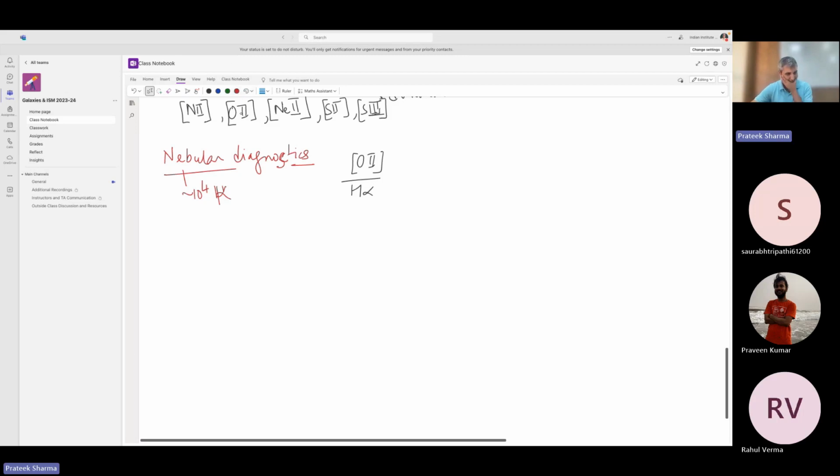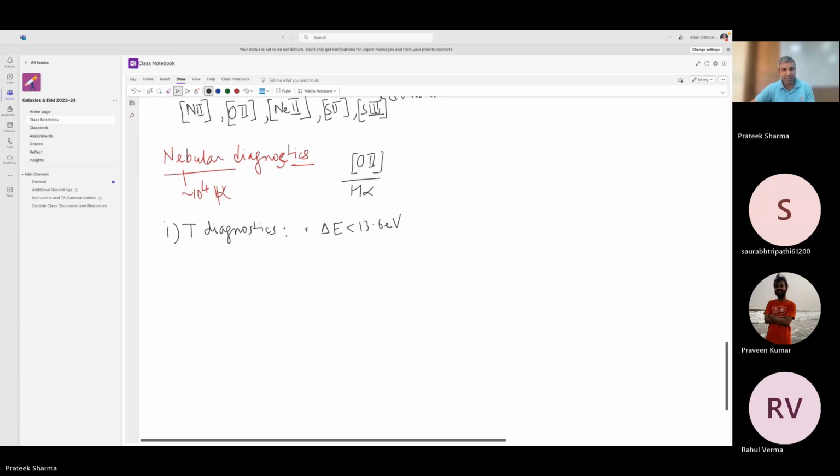So let's see. For temperature diagnostics, what do you want? What should be the criterion? Of course, the energy gap of the transition should be less than 13.6 eV. If it is not, that line will not come out.